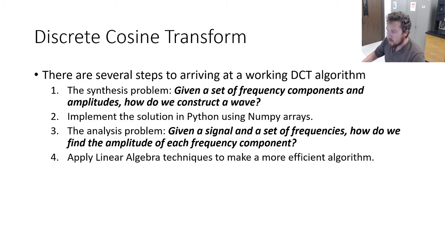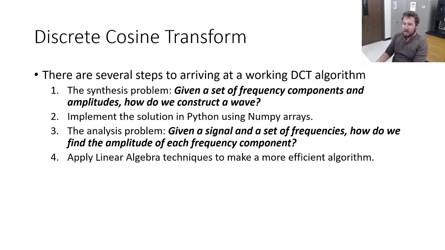Now, there are several steps to arriving at a working DCT algorithm. We already talked about this a little bit. First is the synthesis problem. The synthesis problem basically states that given a set of frequency components and amplitudes, how do we construct a wave? Which is to say that if I give you the spectrum of a signal, right?